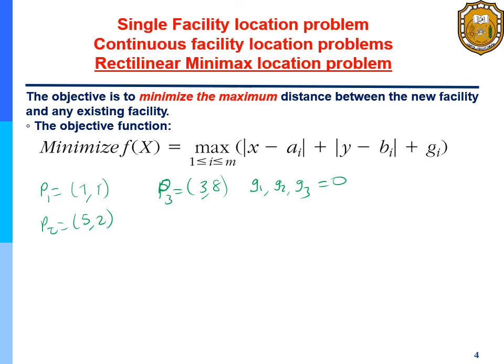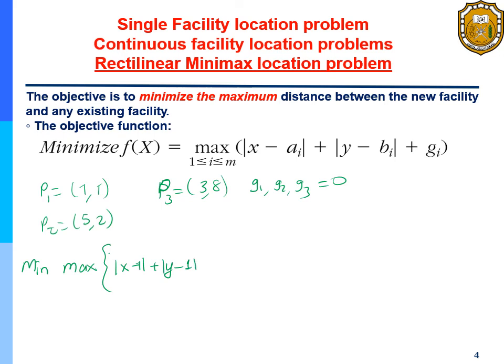Now, how do we write our objective function? It will be something like this. We want to minimize the maximum of, let me write in a large parenthesis, so it will be absolute value of x minus 1 plus absolute value of y minus 1.